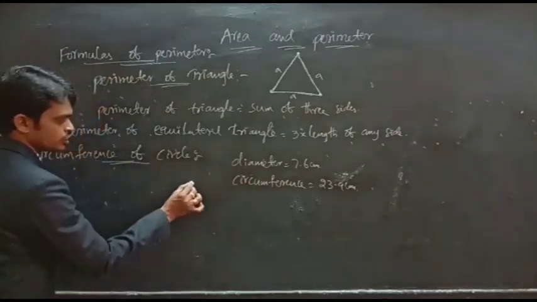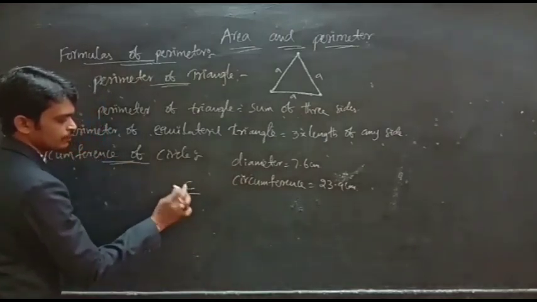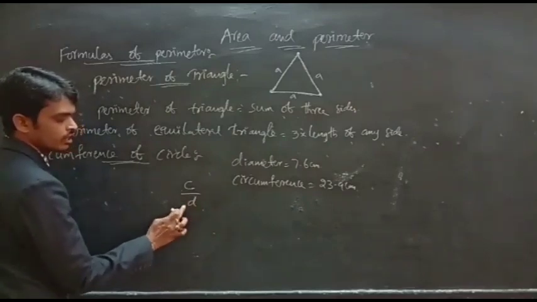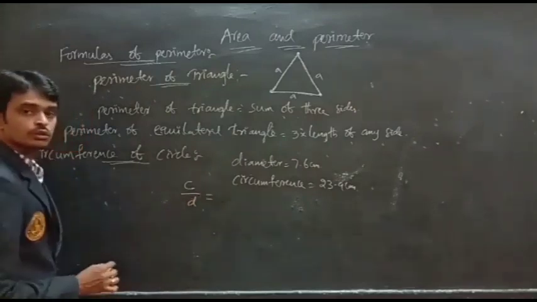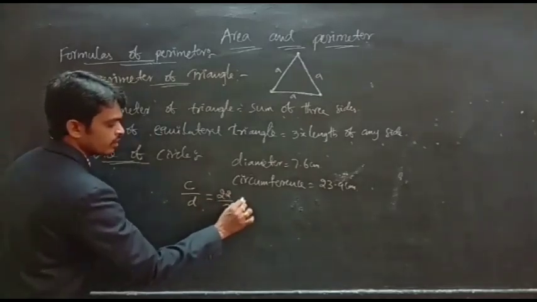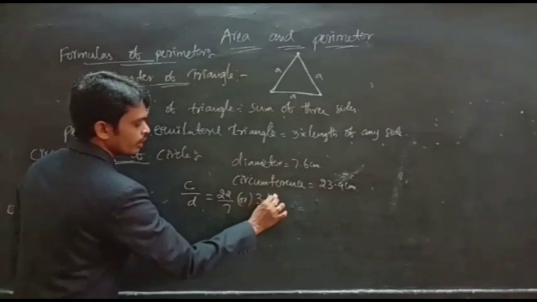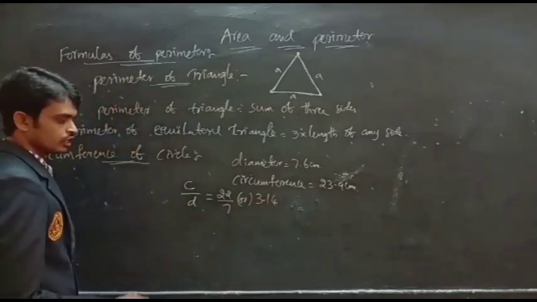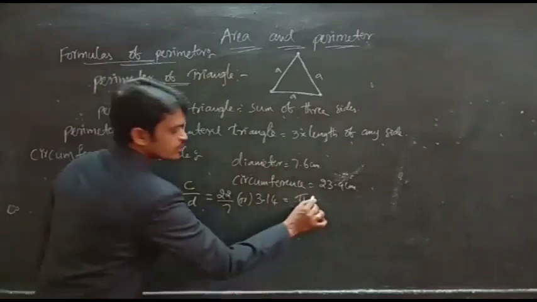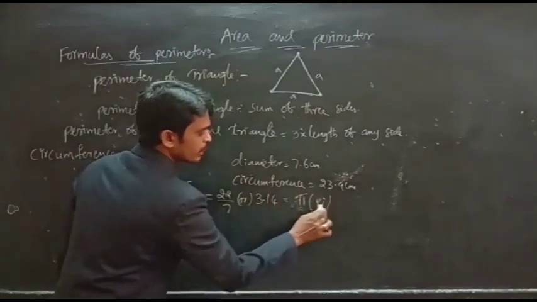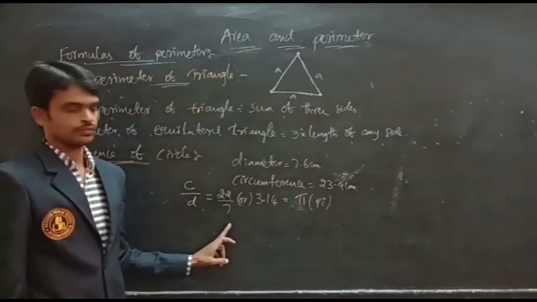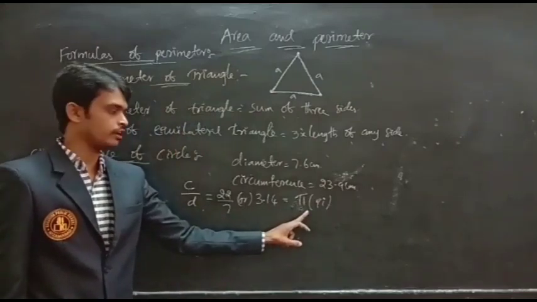So the ratio of circumference to diameter of a circle is equal to 22/7 or 3.14. So this we will call pi. This value is a constant value.